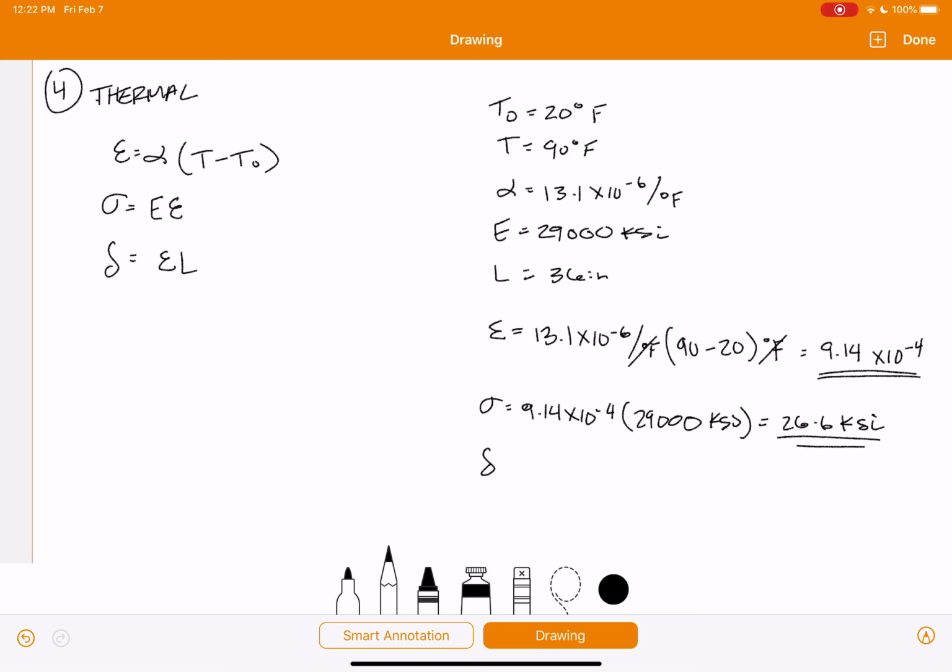And finally, for our deformation, we're again going to take that 9.14 times 10 to the negative 4, times it by the original length, which is 36 inches, and we'll get a deformation of 0.33 inches. So when you heat up the bar 70 degrees, it actually expands by 0.3 inches, which is kind of cool.